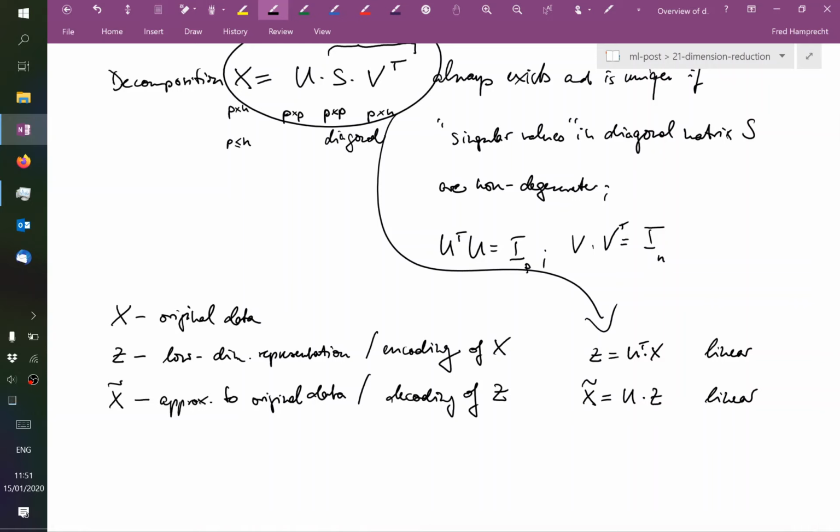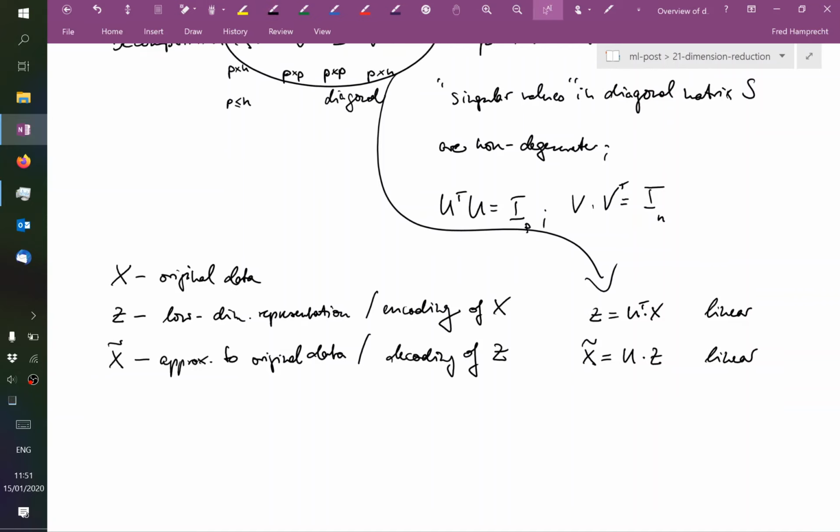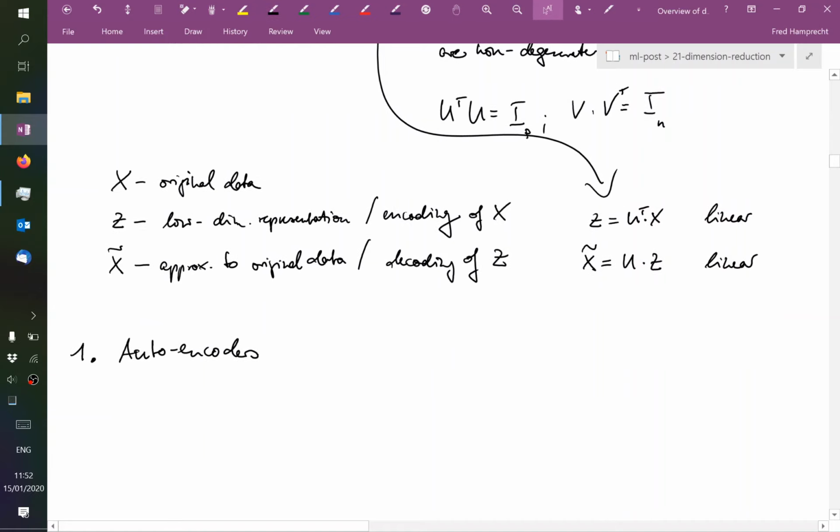All right, now that was a big introduction to say, well, how can we go nonlinear? And this is where I want to talk about autoencoders. So in PCA, encoding and decoding were linear.